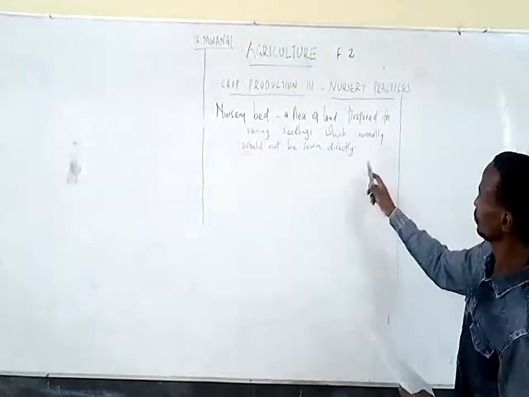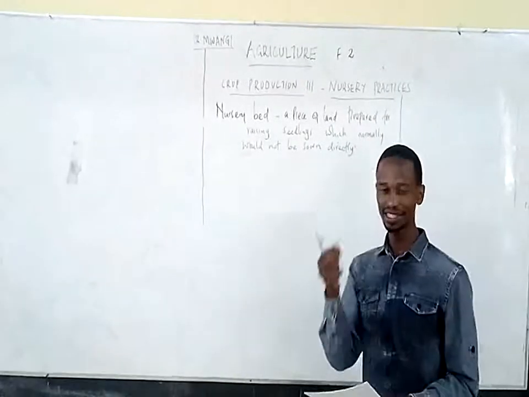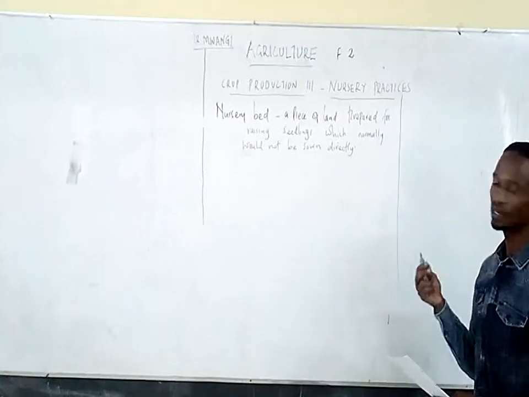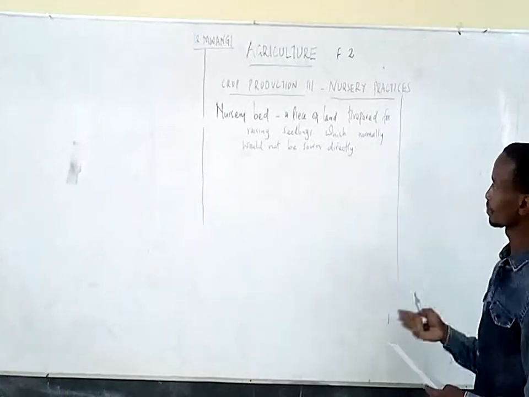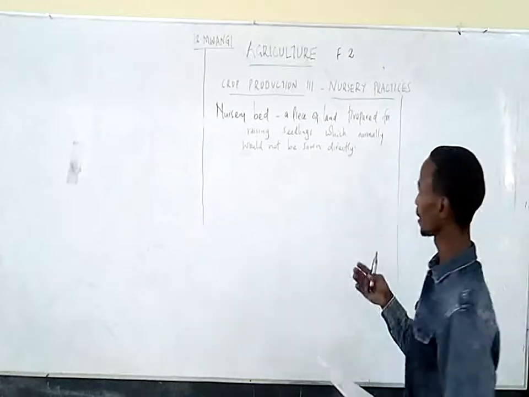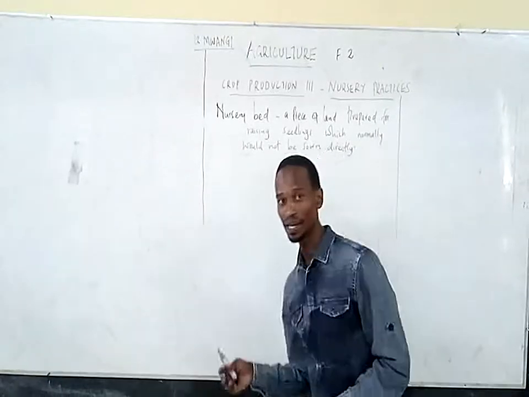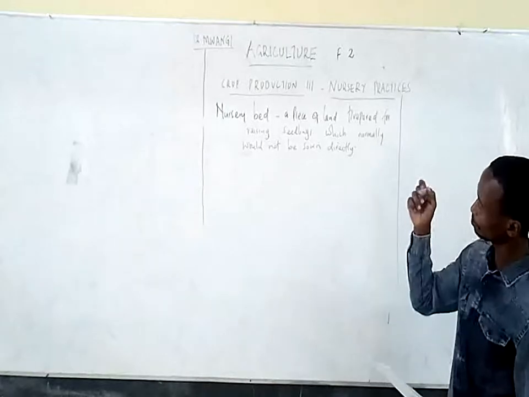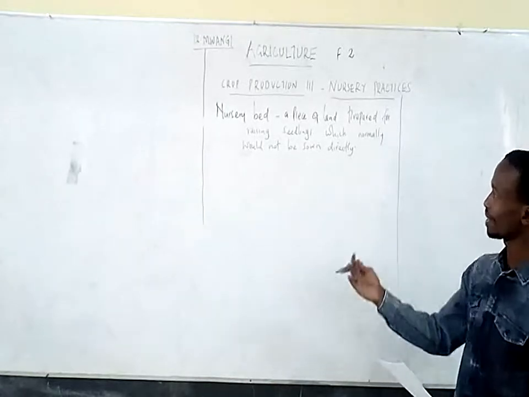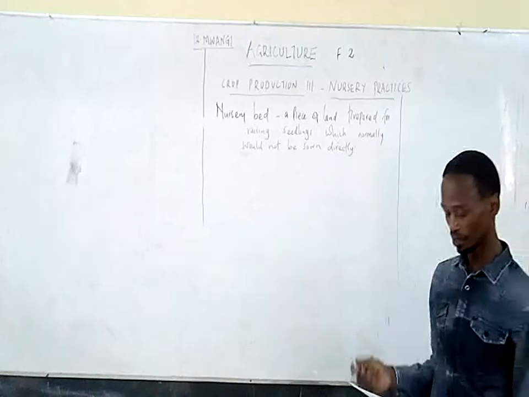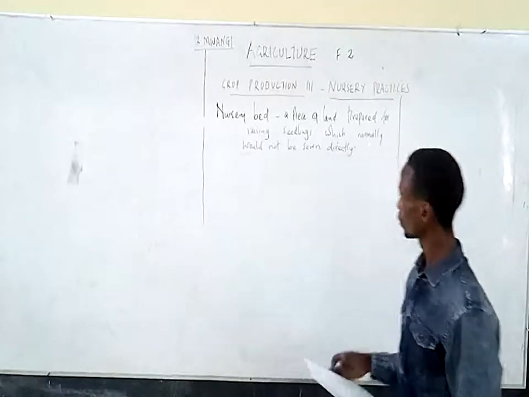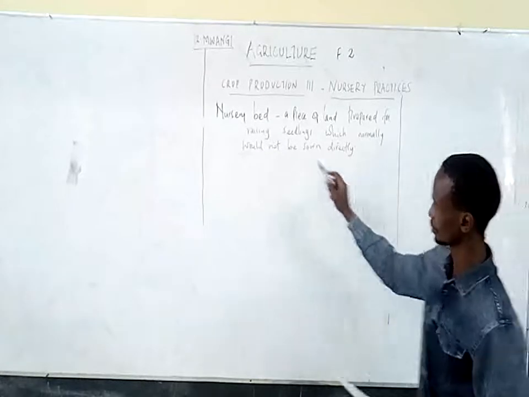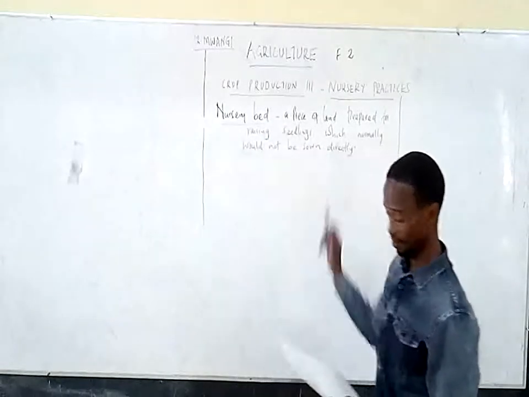Because if you sow them directly, the seeds are so tiny that planting becomes tiresome, and most of them will be blown away by the wind or carried away by water. Or when you are planting, in case they are buried with so much soil, they will not be able to germinate. So the best way to establish the seeds is through a nursery bed.